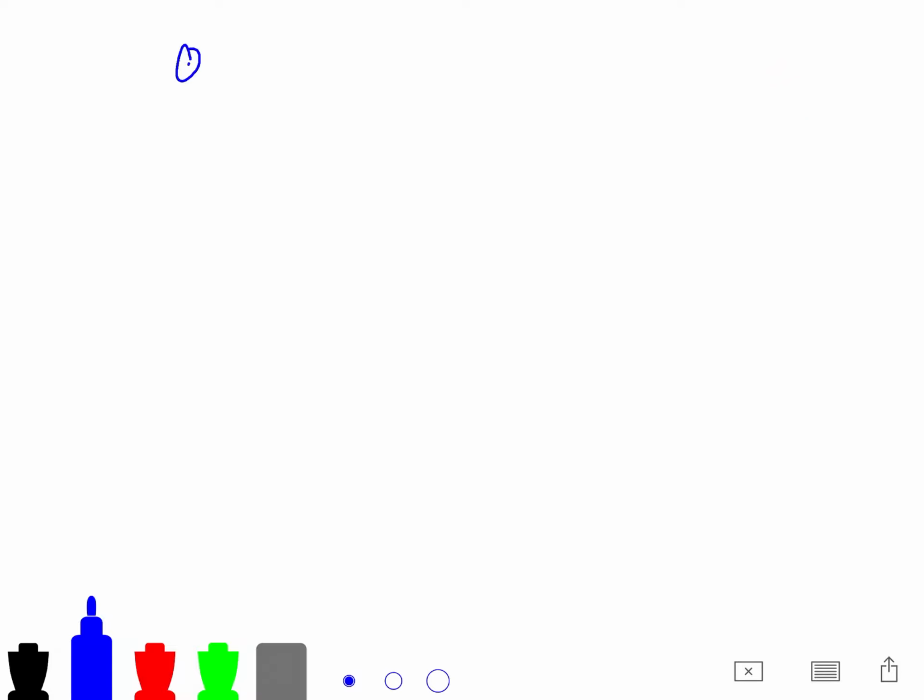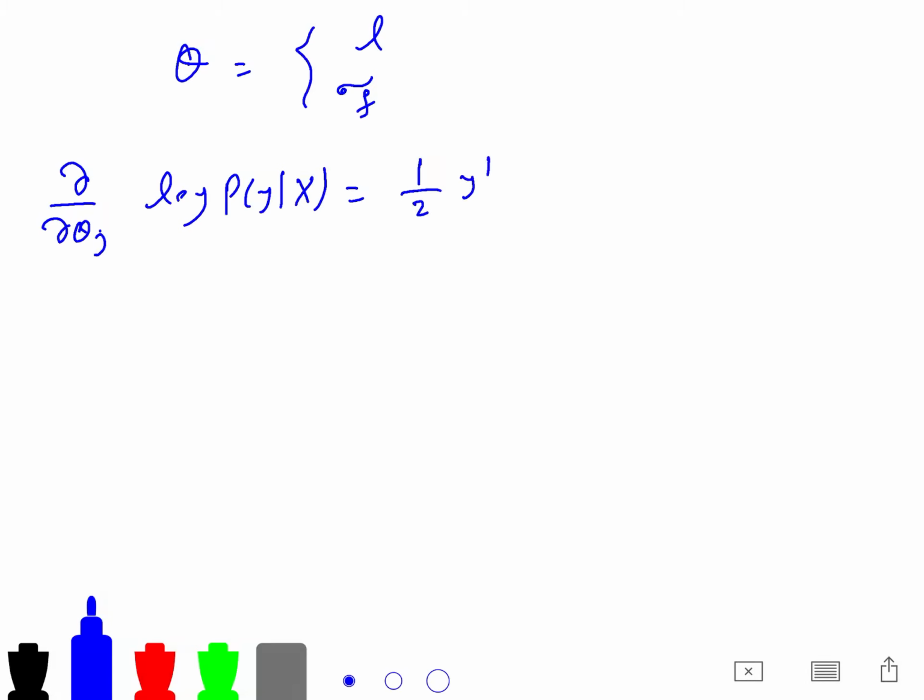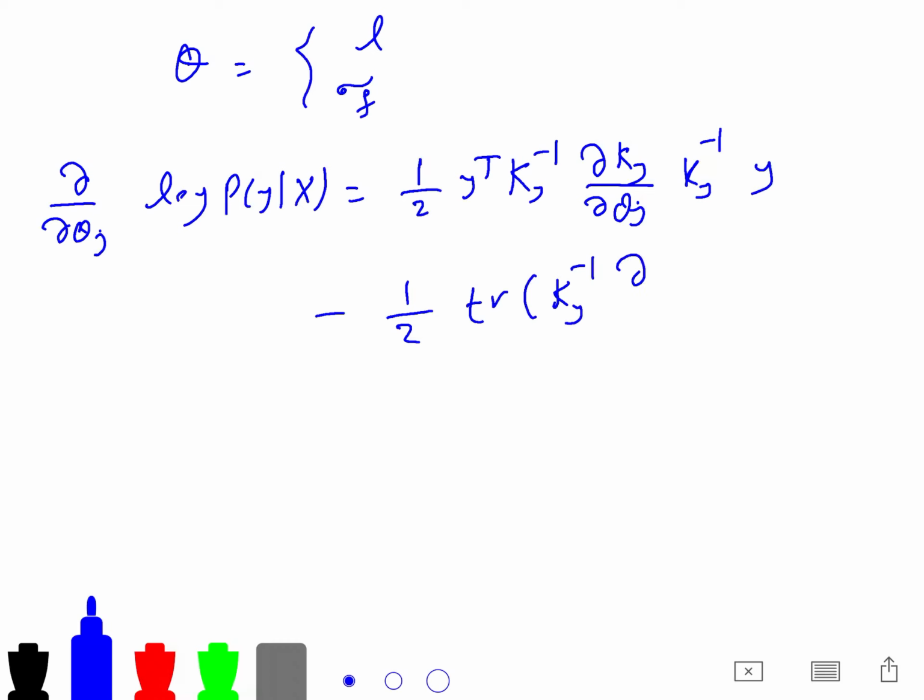So let the hyperparameters theta be L and sigma f. You just take the derivative of log p of y conditioned on x with respect to your hyperparameter. So this is just 1/2 y transpose Ky inverse dKy Ky inverse y minus 1/2 trace of Ky inverse dKy.